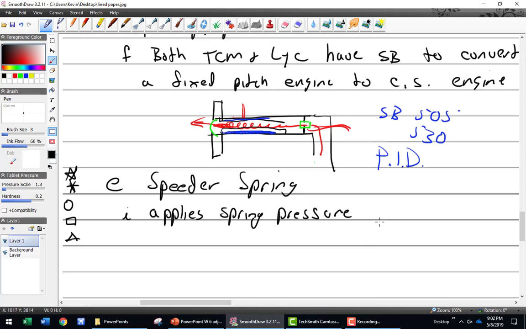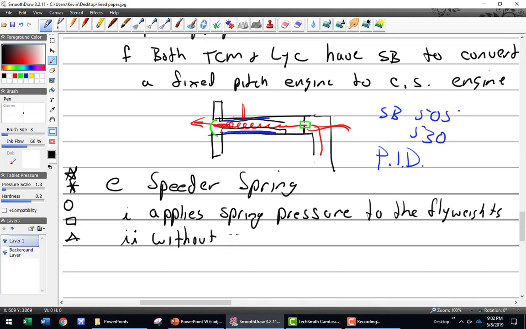Apply spring pressure to what? Flyweights. At least one guy in the back is paying attention. The rest of you guys are worried about my circles and squares. Steve's back there going, what the heck? He's with the program. A circle or a square? They're kind of like the same.